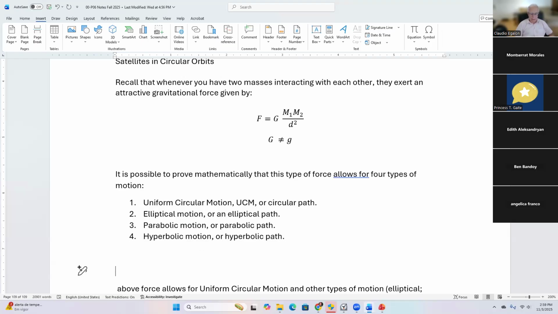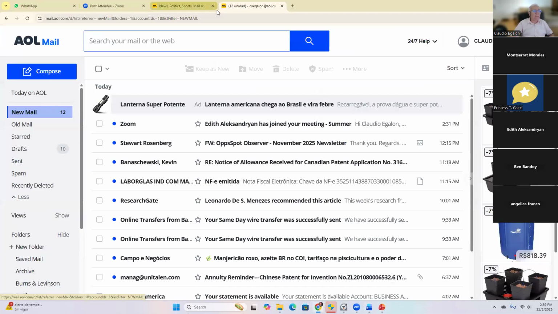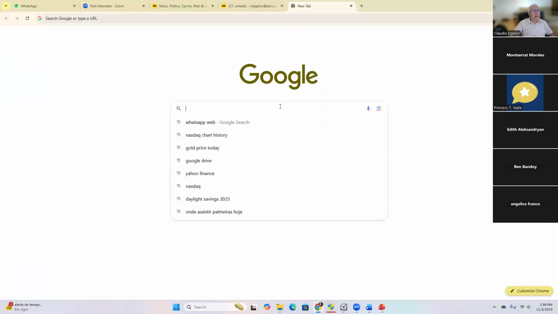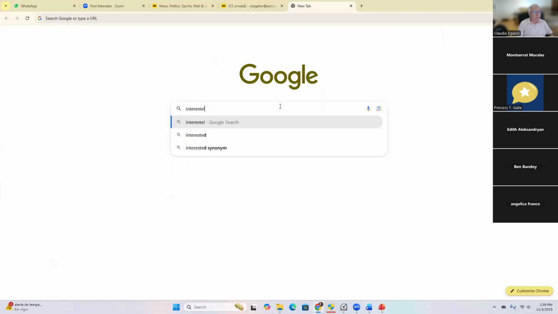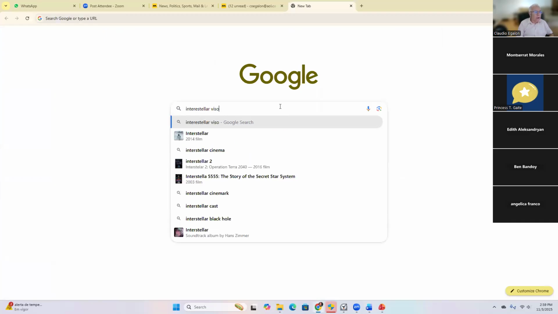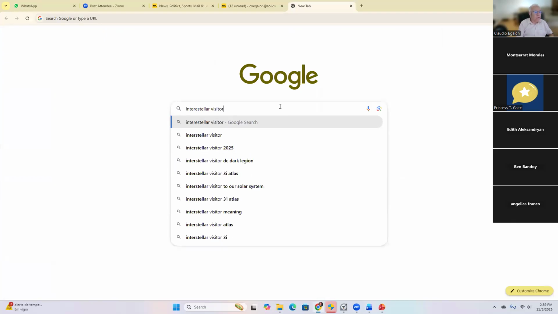Have you heard of that? It's the 3rd interstellar visitor that we have ever detected. The first one was the Oumuamua, no? So difficult to mention the name of the interstellar visitors. Here you go, interstellar visitors to the solar system.